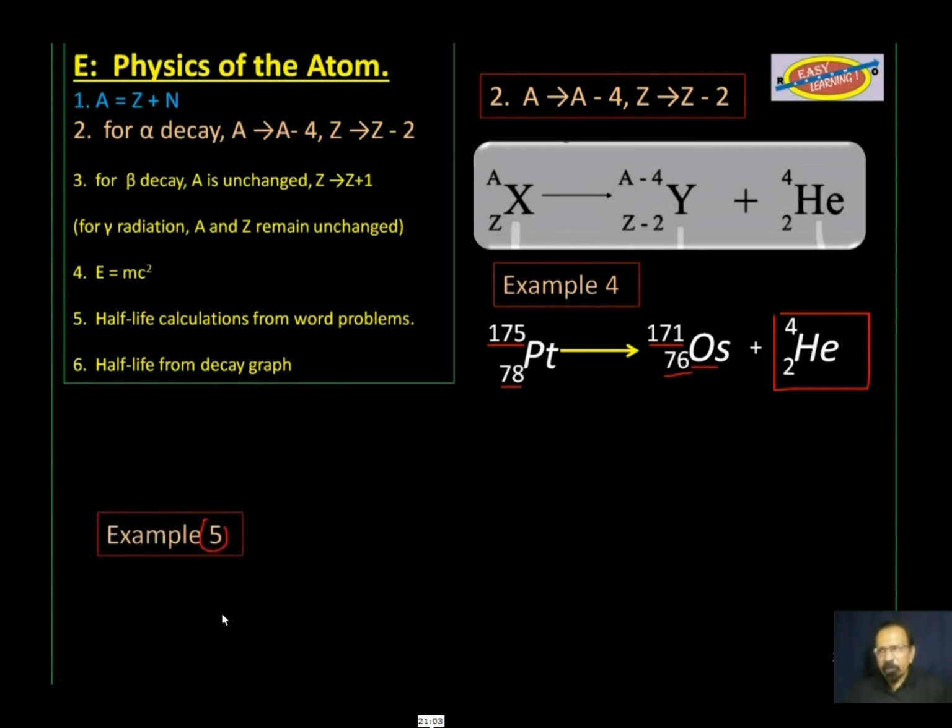Example 5, neptunium 93, 237 will give us protactinium and of course helium.